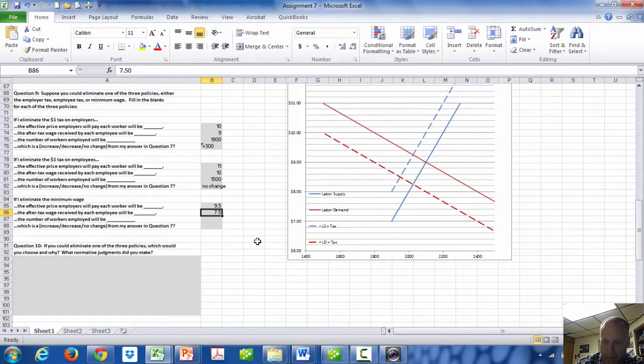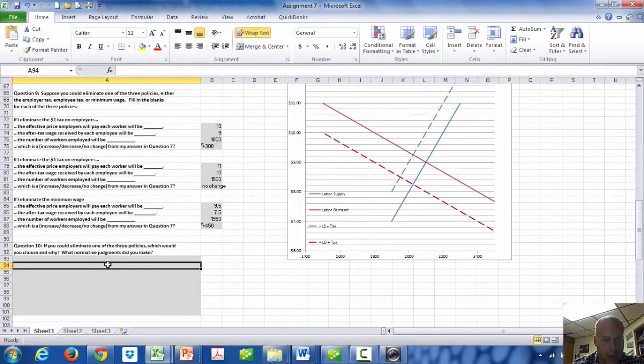The number of workers employed will be, as we saw before, 1,950. And this is an increase of 450 workers from what we had in question 7. Okay, so that's an answer to the solution.